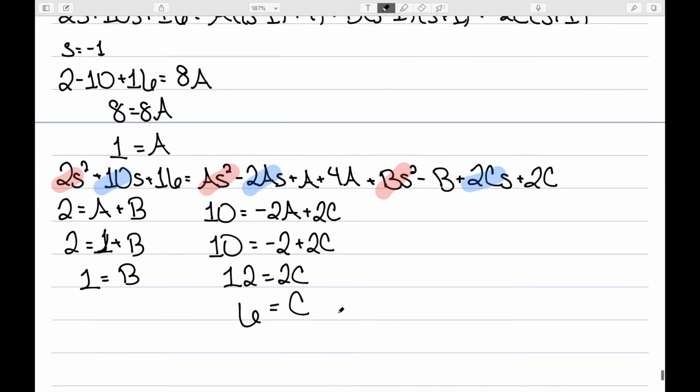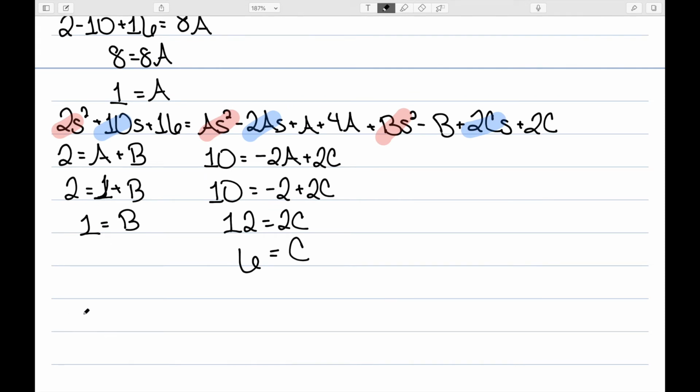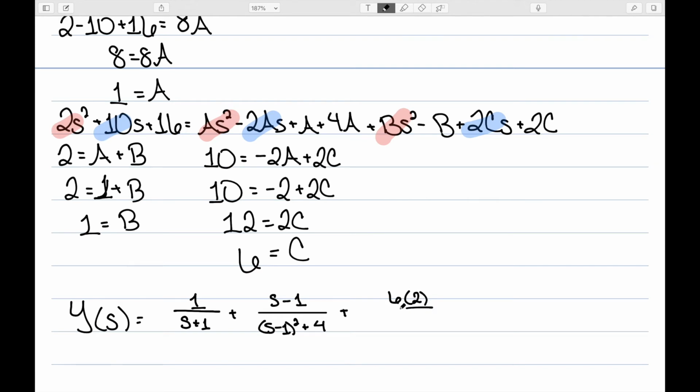So now I have all 3, and I can go ahead and rewrite this the way I originally had it, which says that capital Y of s is equal to A over s plus 1 plus B times s minus 1 over s minus 1 squared plus b squared, which was 4, plus C times 2 over s minus 1 squared plus 4.